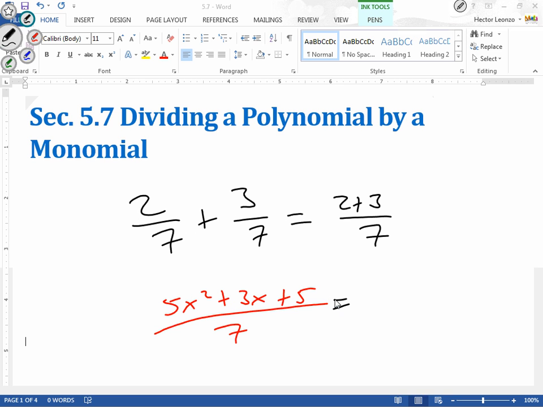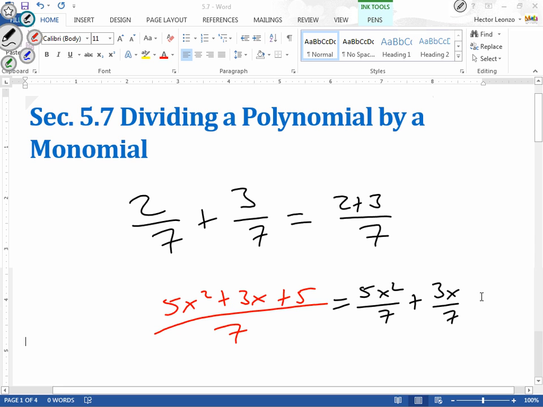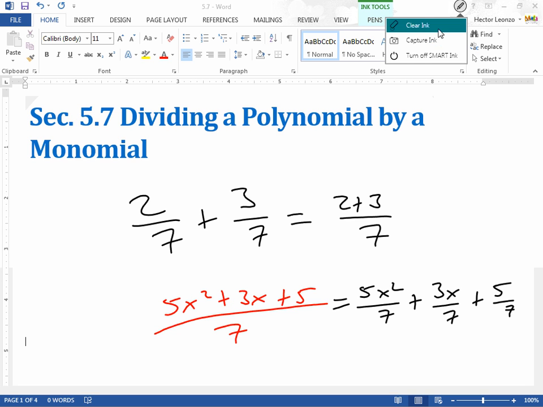So that's exactly what I'm going to do here as well. I'm going to do 5x squared over 7, plus 3x over 7, plus 5 over 7. So I'm going to split it. If I have a fraction with the same term, I could split it into many fractions. That's why we learn how to do exponents in fractions in a previous section.